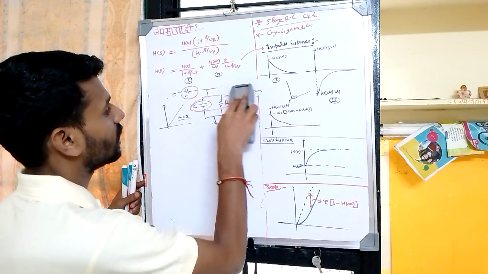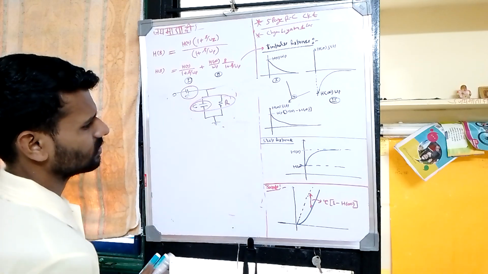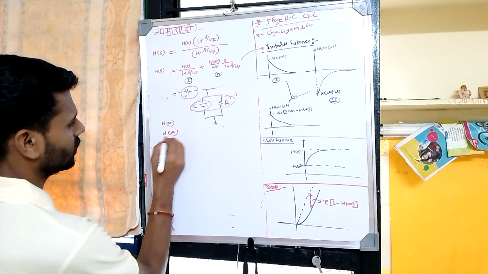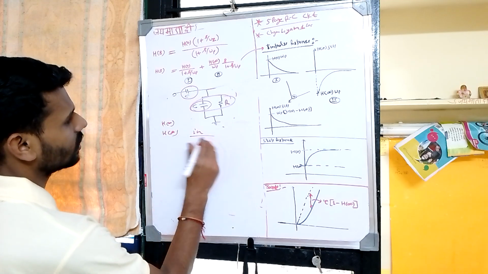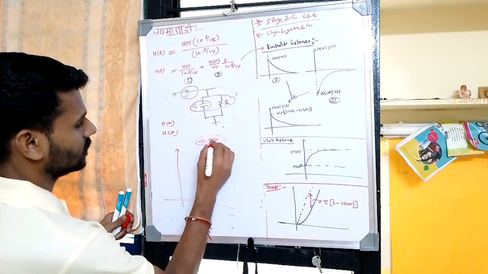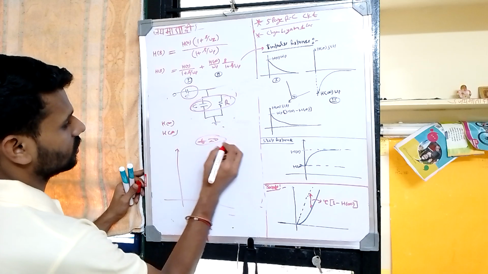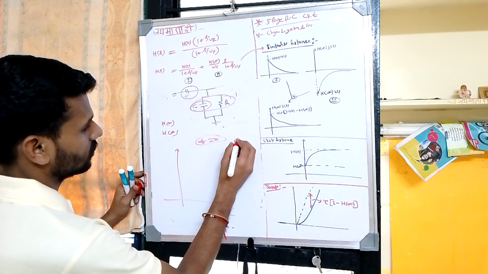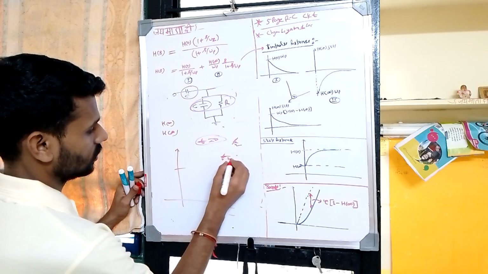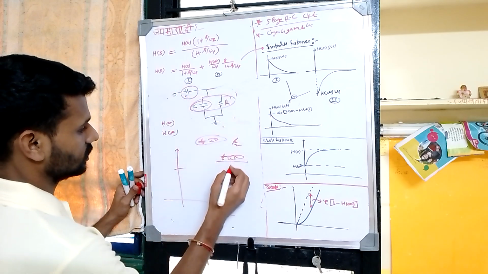So now I am going to discuss the step response. I think the step response is very easy. You just calculate H of 0 and H of infinity for the circuit, the initial value and the final value. At t equals 0, the capacitor is short, so it is 1 by 2, and at t equals infinity it is open, so it is 0.